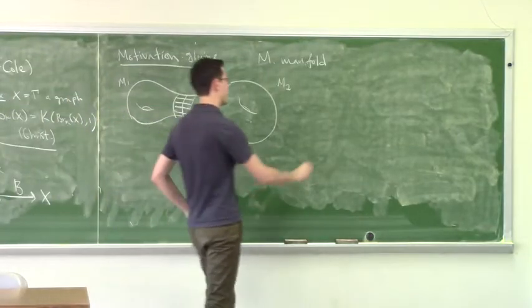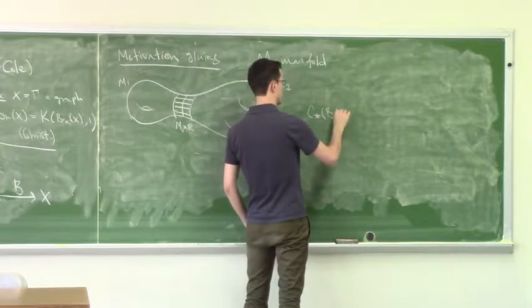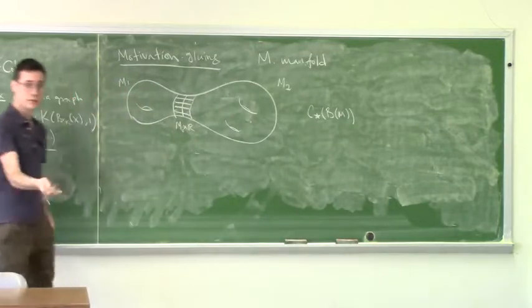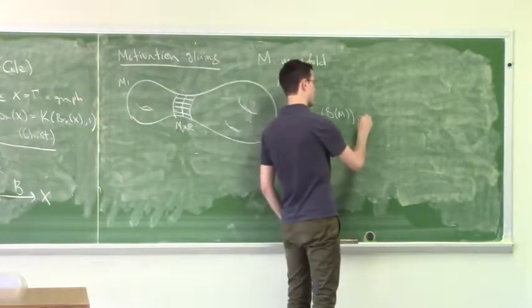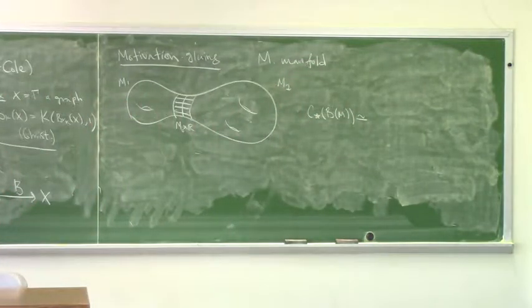Then it turns out that the singular chains on the configuration spaces of the big manifold can be recovered from the singular chains on the configuration spaces in the pieces. So the precise way of recovery takes a little bit of explanation.